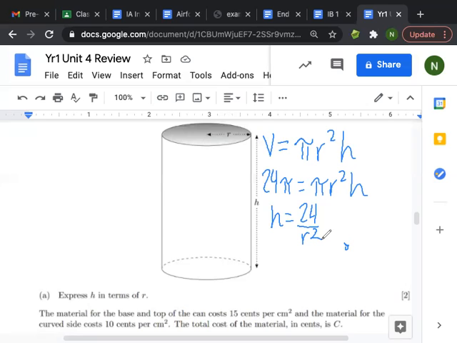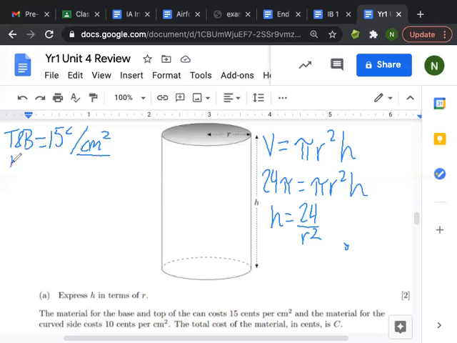So if I'm looking for the cost of this can, the cost for the top and the bottom is 15 cents per centimeter squared. When I see a unit squared, what am I looking for? Area, perfect.